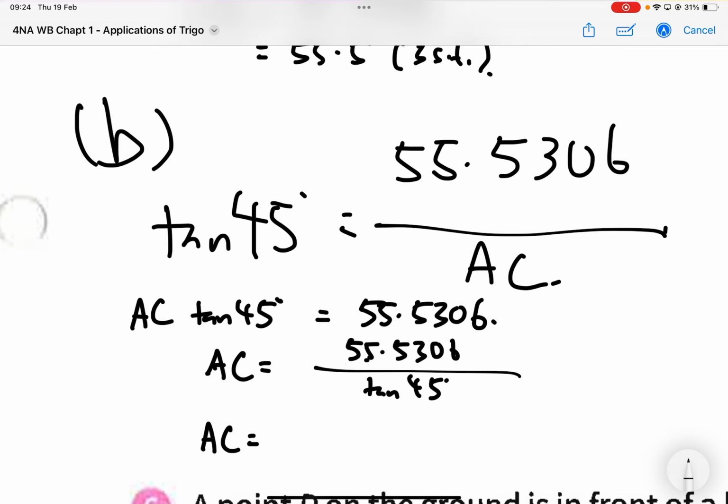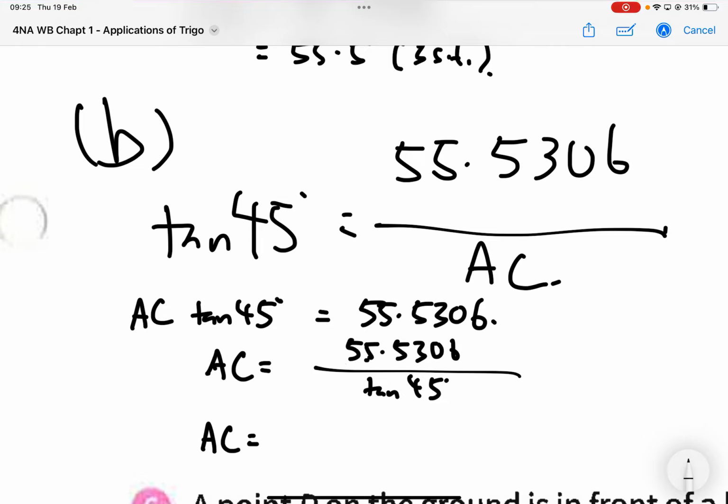Okay, this algebraic manipulation, a lot of students always get it wrong. They don't do it one step at a time. They suddenly just change AC to here, then this side they flip it. They will take tangent 45 divided by 55.5306. So do this slowly. Bring your AC to the numerator, then divide both sides.